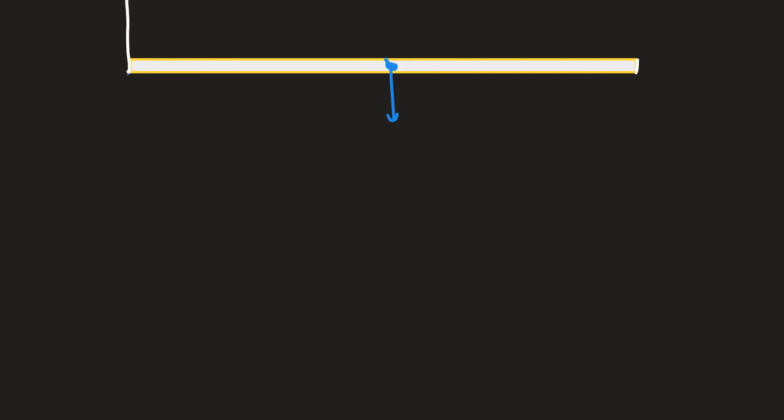But since there's a pivot point here, the meter stick doesn't fall to the ground, it rotates about the pivot point. So we want to figure out what the acceleration is based on that one unbalanced torque.